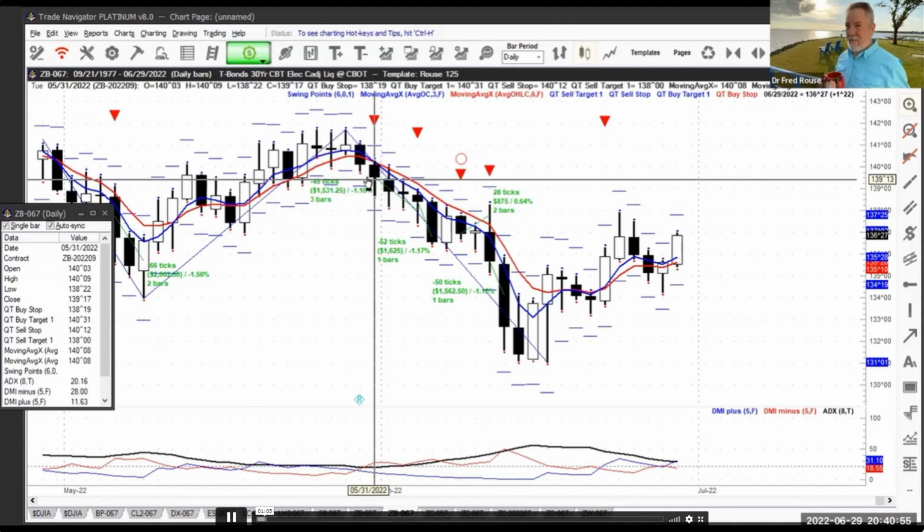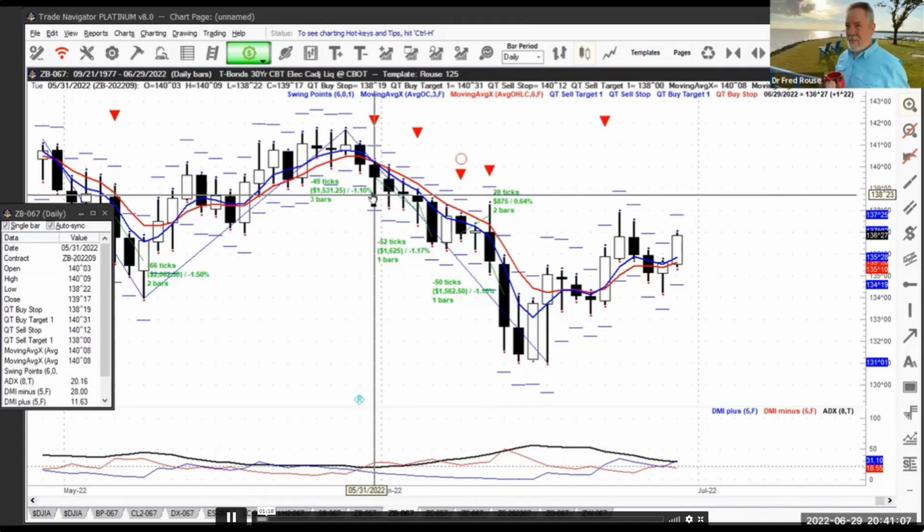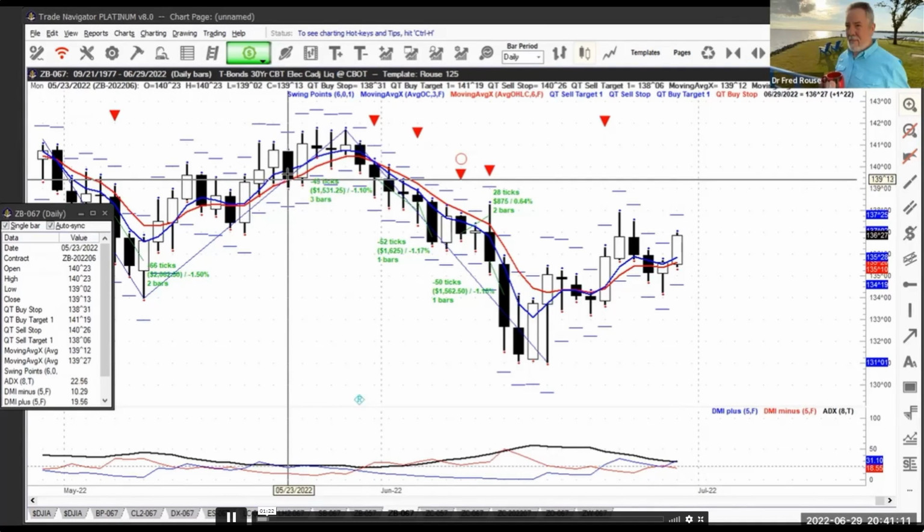That's already below the previous support areas. However, the bar itself pierced through the support area. You see where that is? Here's the support area.